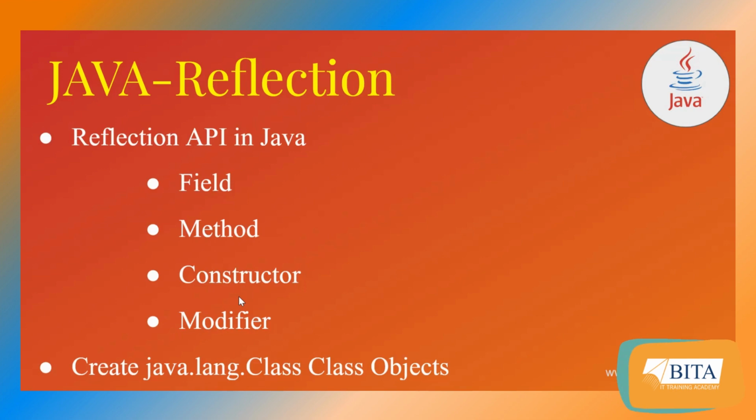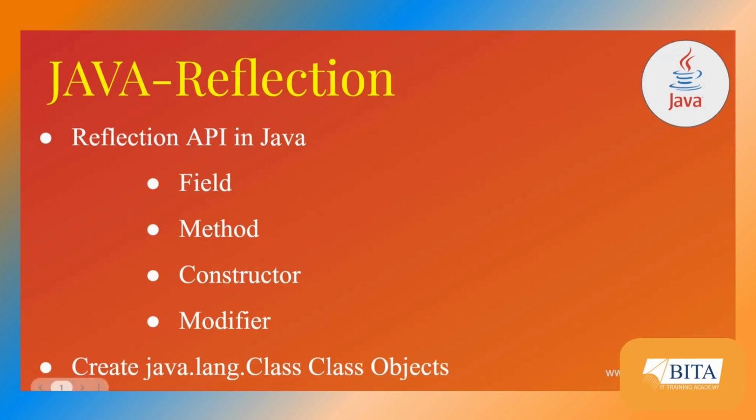Constructor gives information about the class. Modifiers give information about the specific access modifiers. All these classes are part of the java.lang.reflect package. These are all the things considered inside this reflection API package.